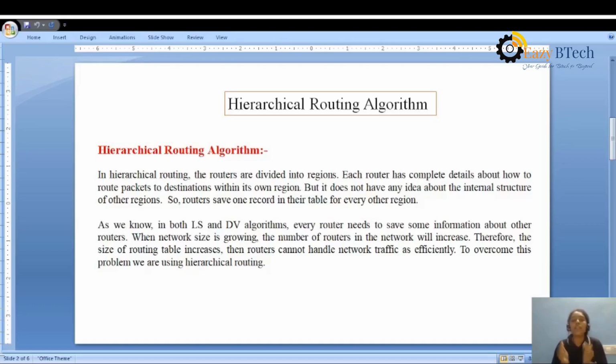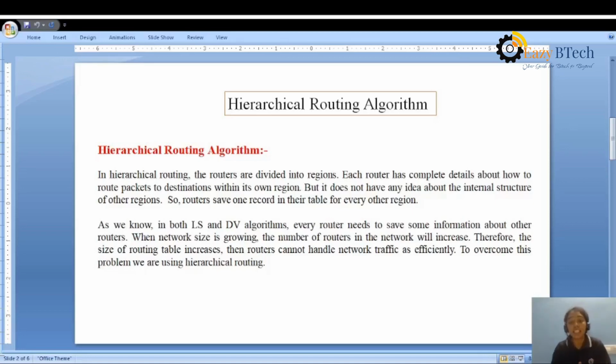It reduces the difficulty of handling these problems. Whenever the routing table increases, it becomes much more difficult to find the particular hop from one region to another. These kinds of problems are resolved by using the hierarchical routing algorithm.